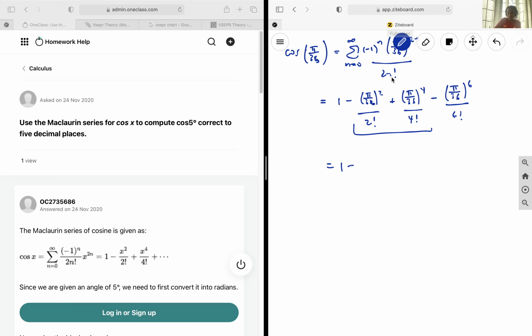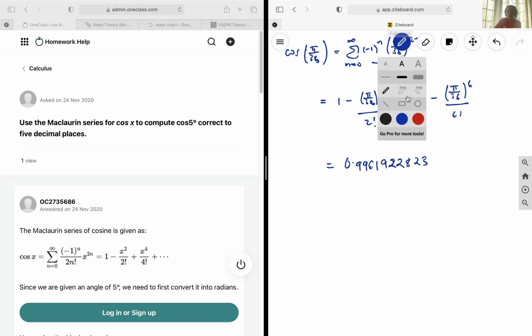And what you actually will get is 0.9961922823, and that's, my apologies, if you use just the first two. The reason why it doesn't matter past this is because your calculator won't give you decimals to the point that it will matter.